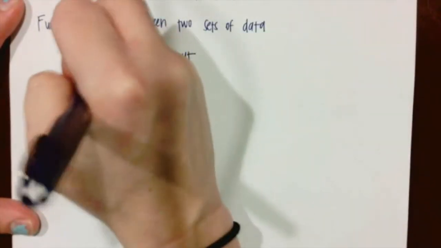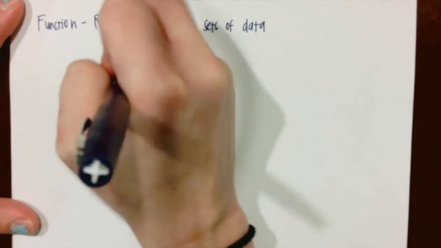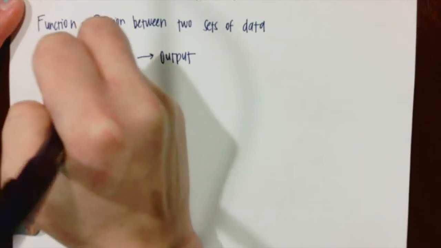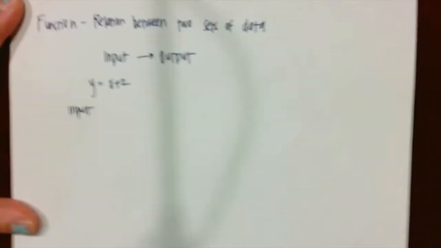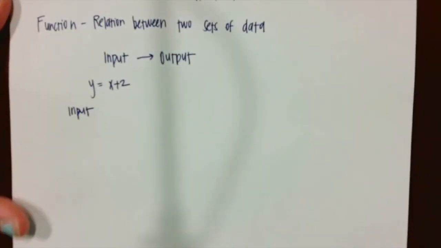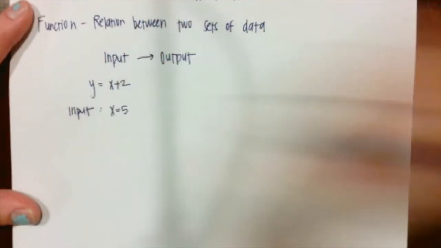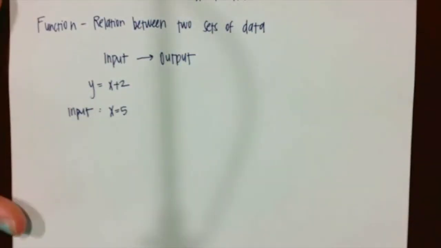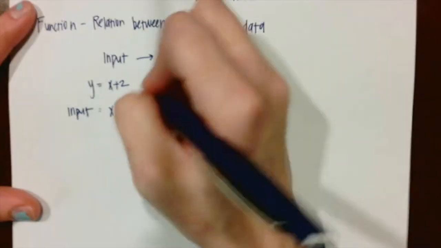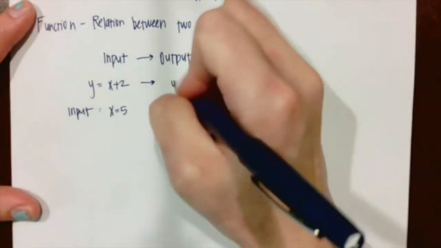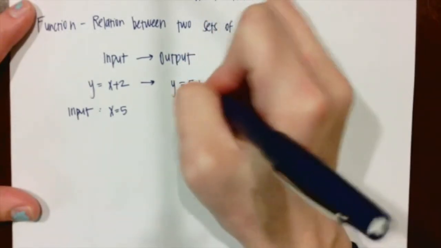So let's say we have the equation y equals x plus 2. We're going to make our input for this example x equals 5. So if we have an input of x equals 5, that means that 5 is going to replace x.